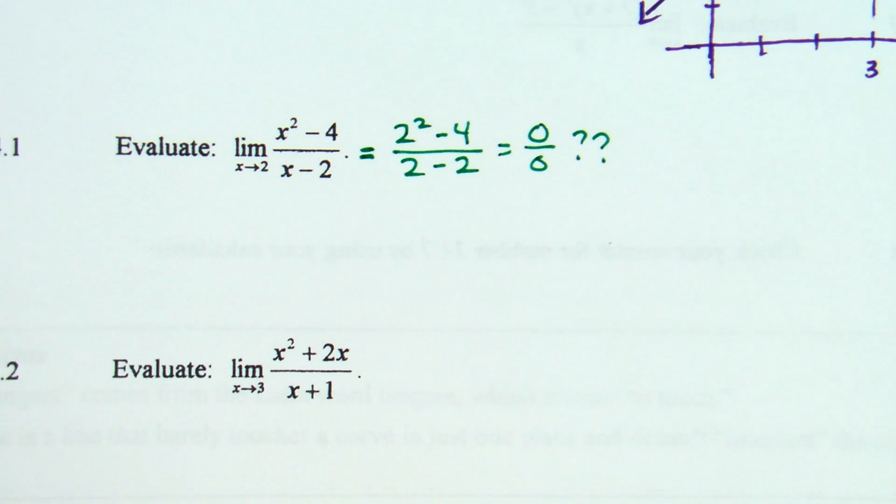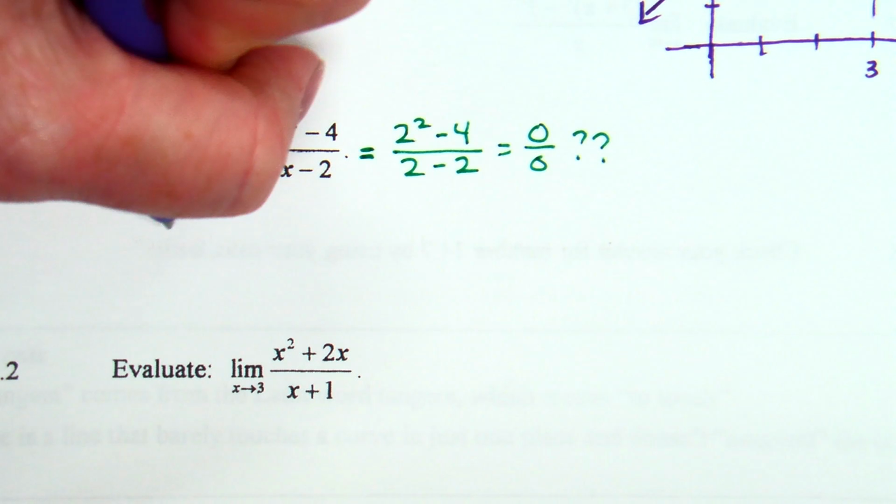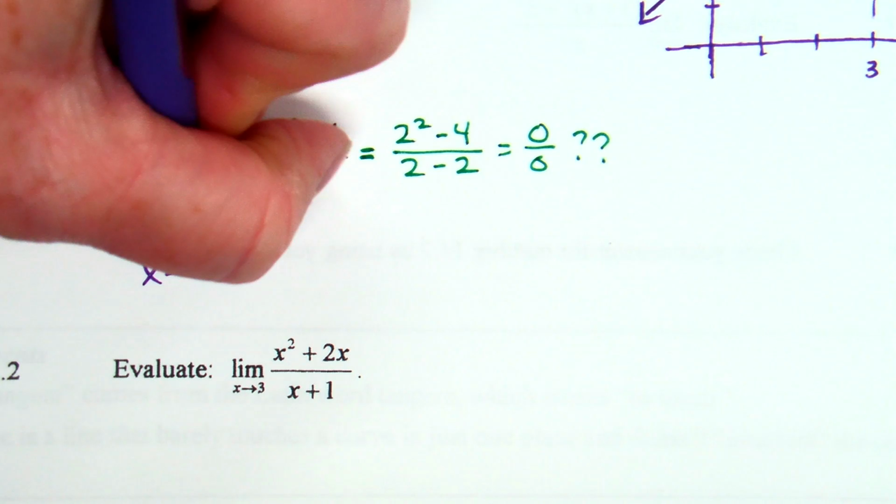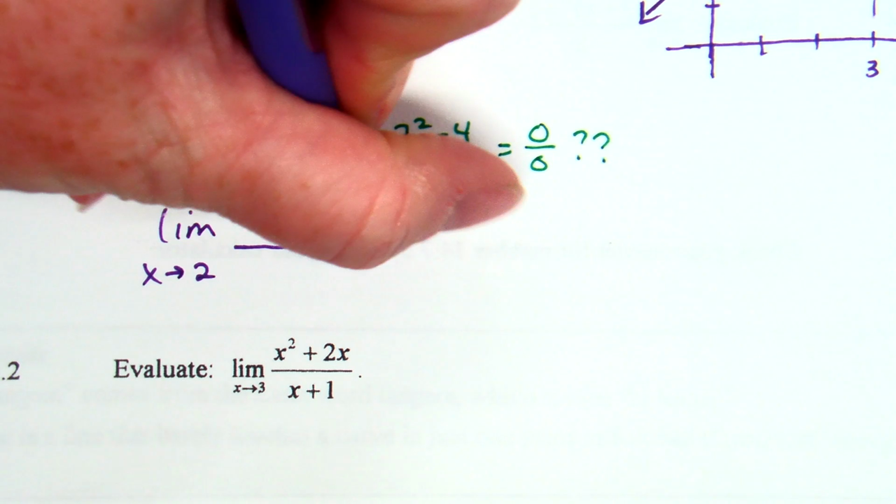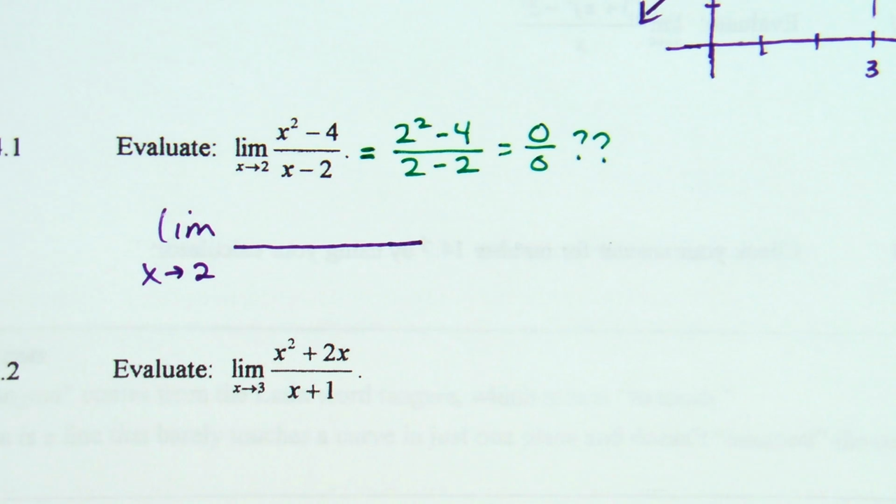Good news is it's not a horrible plan here. Before we graphed up above, what did you guys do? We factored. Well, can we do any factoring here? X squared minus 4, do you remember factoring that?